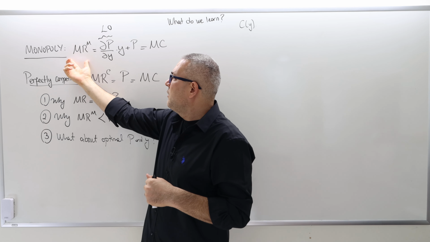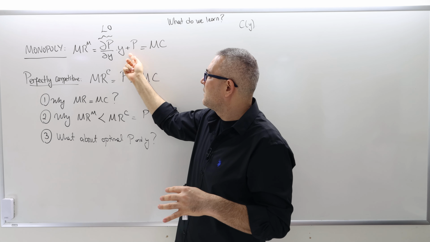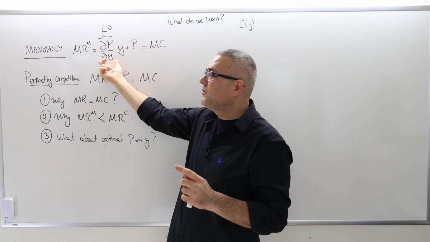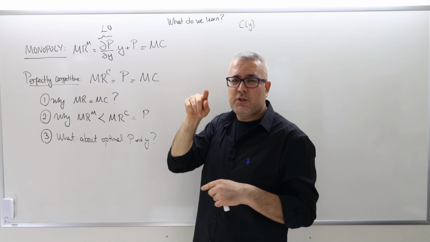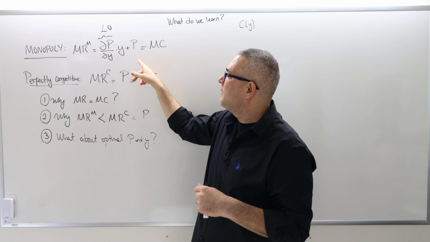However, the marginal revenue of the monopolist is slightly more complicated, so it's price plus this term, which is output multiplied by the derivative of the price. Here P is the inverse demand curve, so it's a function of Y, but I just ignored the parentheses Y for notational simplicity.